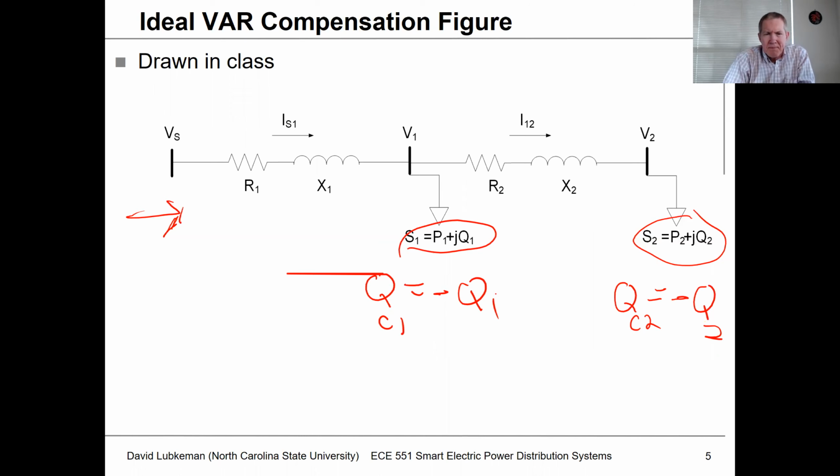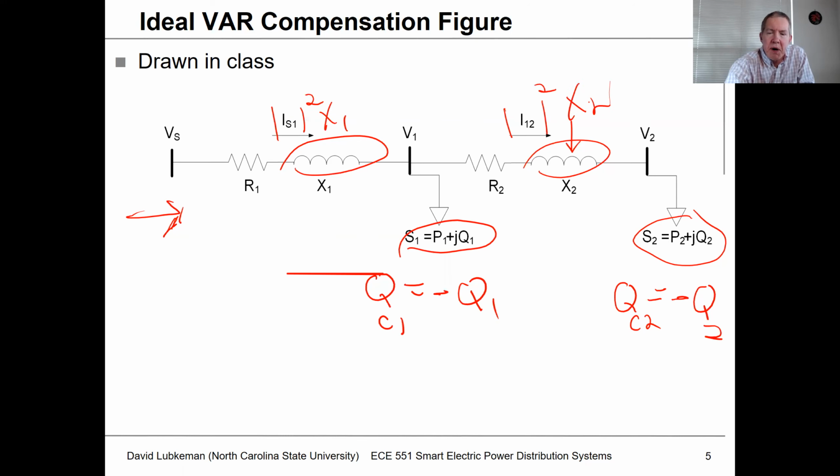Now, we could fine tune this a little bit because I'm still going to have an amount of loss on my feeder, given by this current IS1 squared times X1. And I'm also going to have a magnetizing loss that's I12 squared times X2.